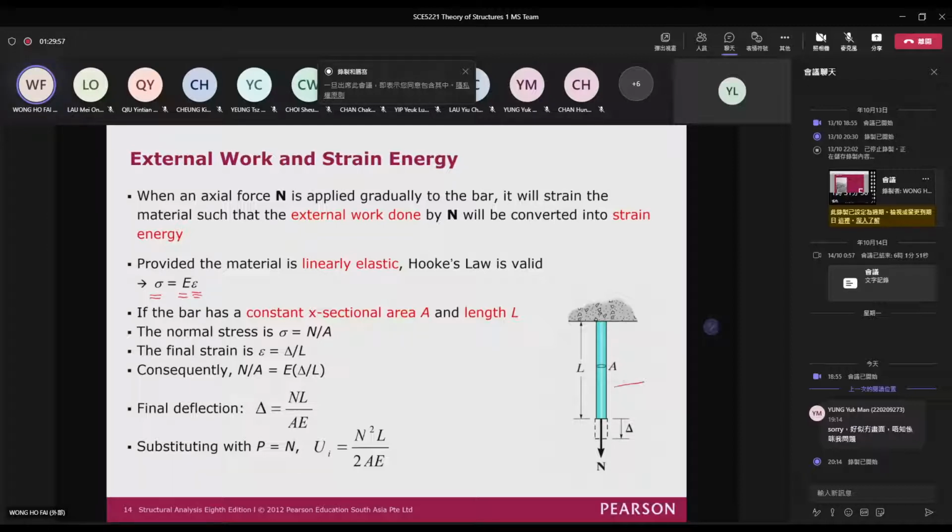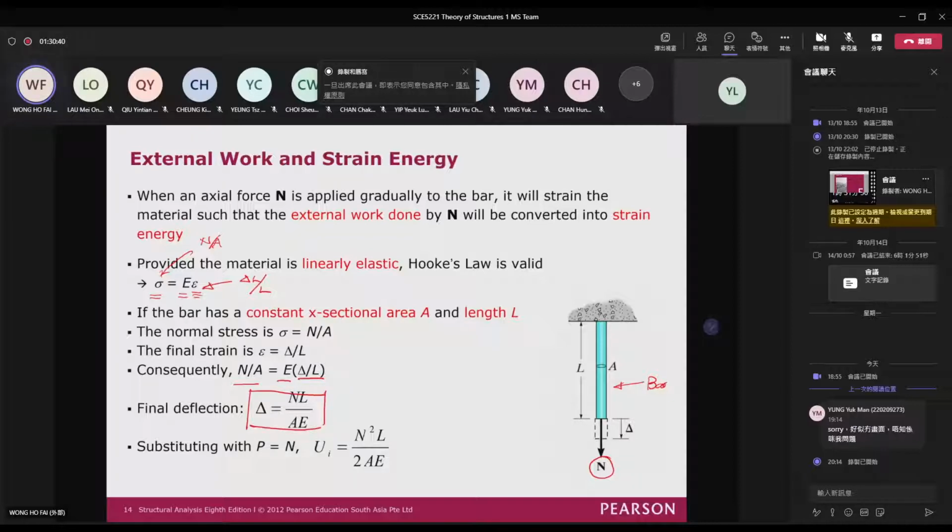If I have a bar with a force applied here, sigma is equal to N divided by A, which is the stress, and the strain epsilon is delta L divided by L. So stress is equal to Young's modulus times strain. By rearranging the terms, delta is equal to NL over EA.